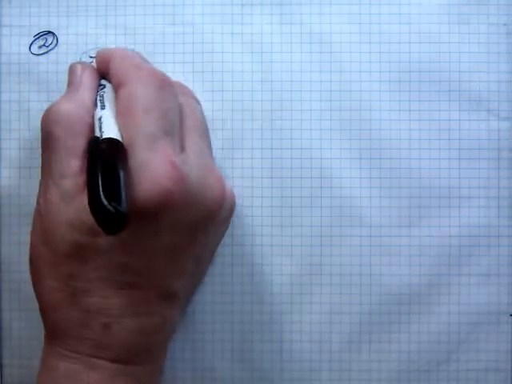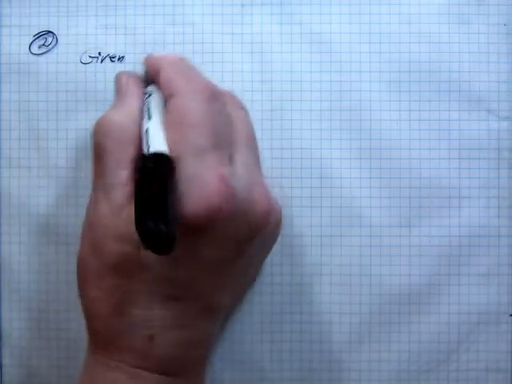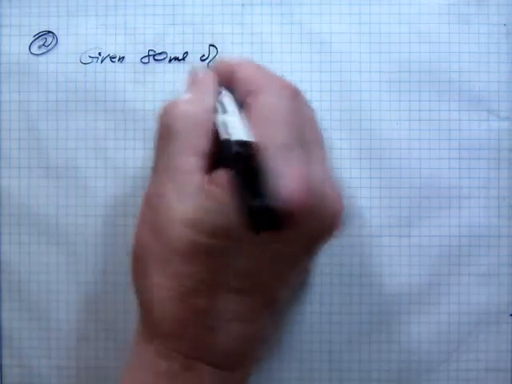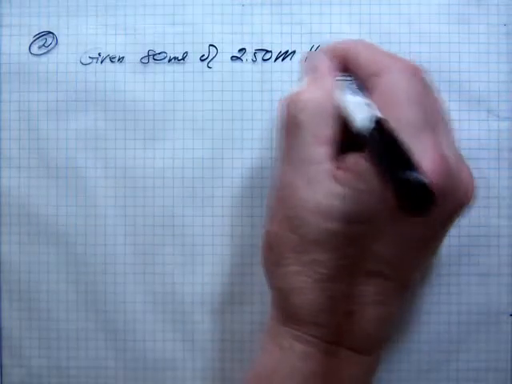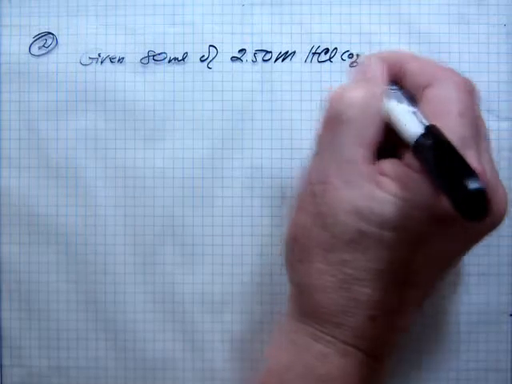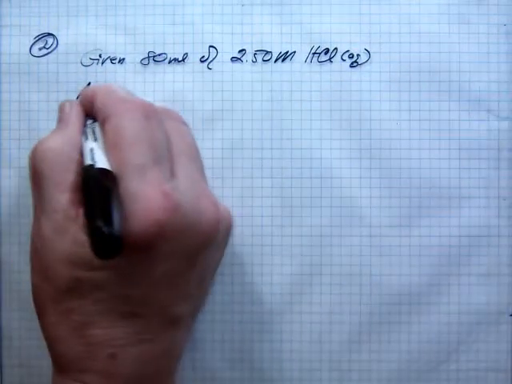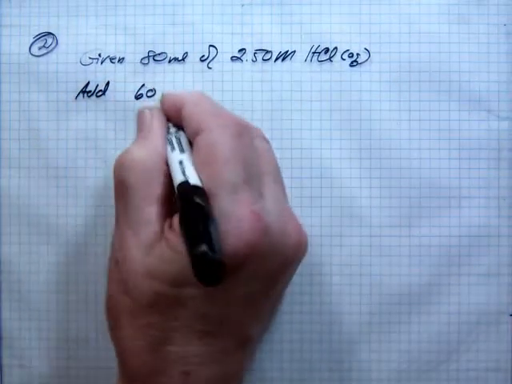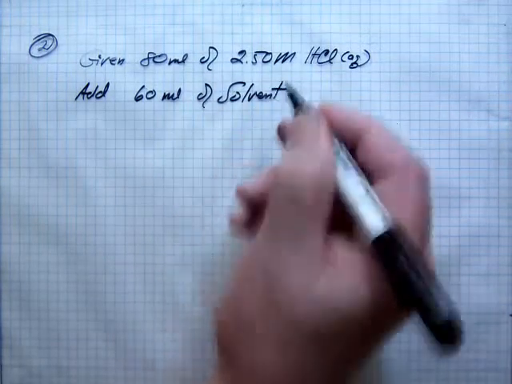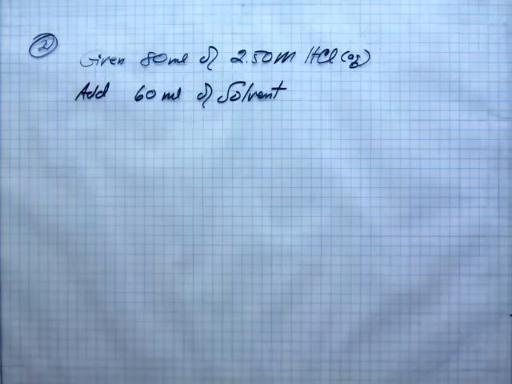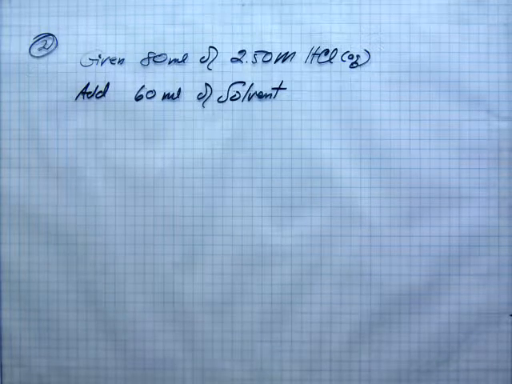You're given 80 milliliters of 2.50 molar HCl aqueous solution. Add 60 milliliters of solvent. What's the final concentration after adding the solvent?